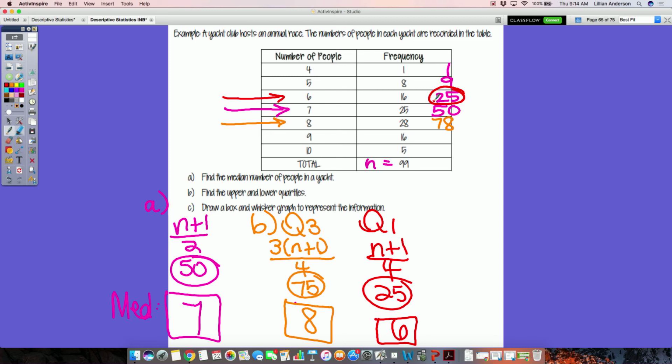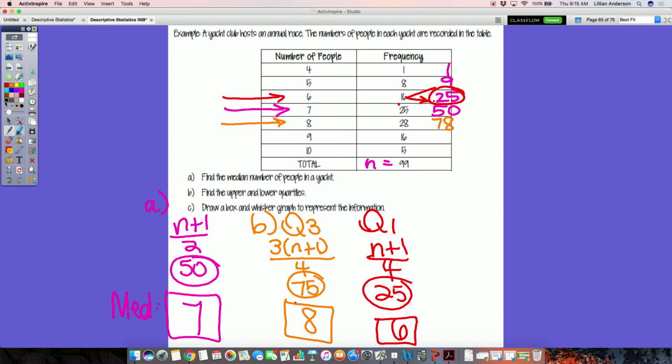And that's our lower quartile. Oh, 9 plus 16. So whenever you're doing your cumulative frequency curves, you take the last cumulative frequency entry, you add it to the next frequency, and that's how we got 25. We're good?